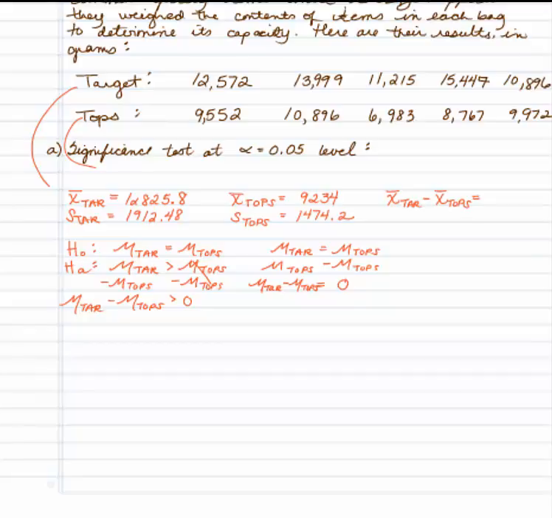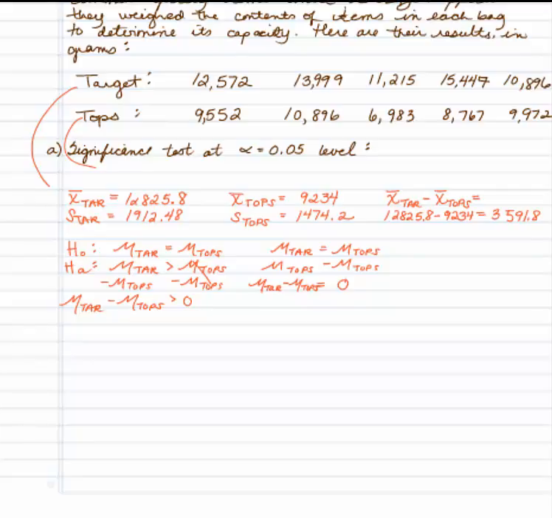Now, back from chapter 5, I think it was, just like in the last video, you could actually take the 2 means and subtract them, and you would get 3,005. This is actually the mean difference between the 2.